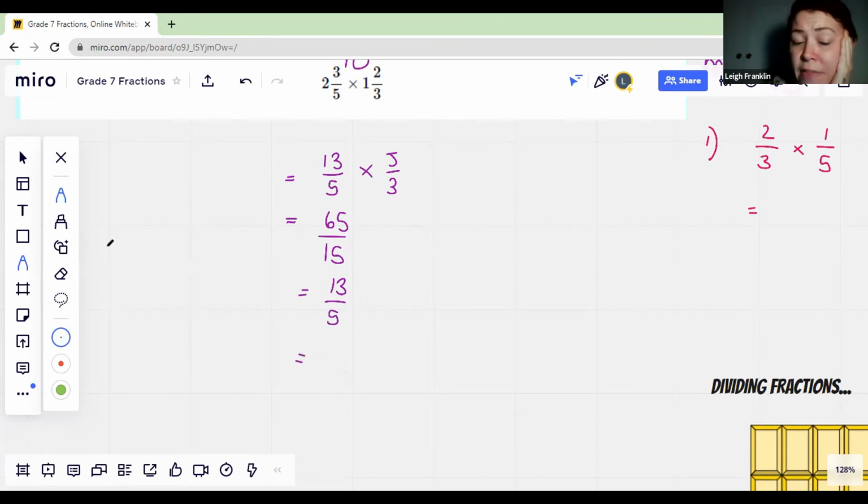And then again, if they expected us to make that into a mixed fraction, 5 is going to go into 13 2 times, because 2 times 5 is 10. So 13 minus 10 is 3. That goes at the top and 5 goes at the bottom. Okay.